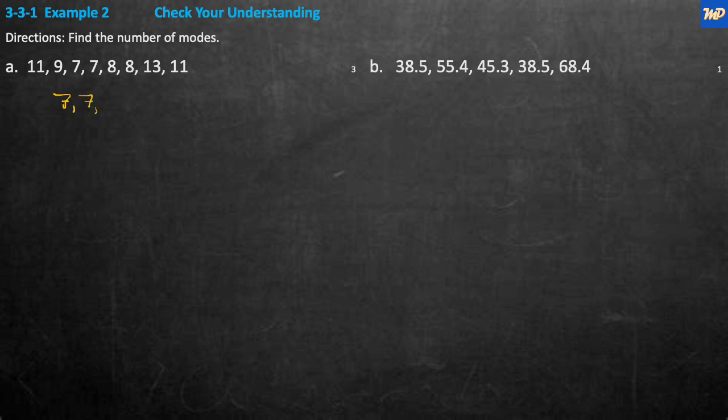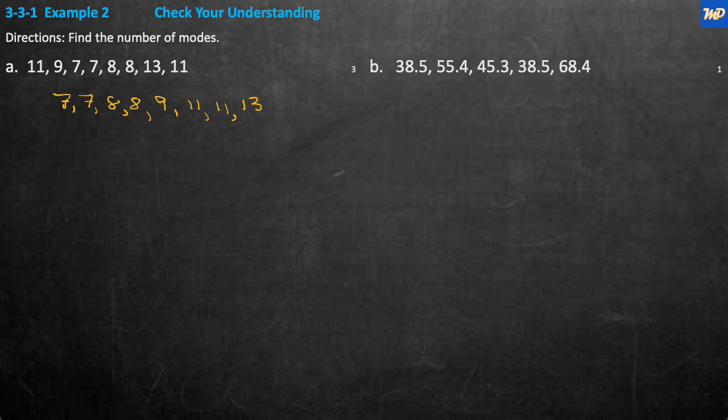The next number is obviously 8, 8. And we have a 9. There's only one 9. There's two 11s. 11, 11, and a 13. Did I get them all? 1, 2, 3, 4, 5, 6, 7, 8.